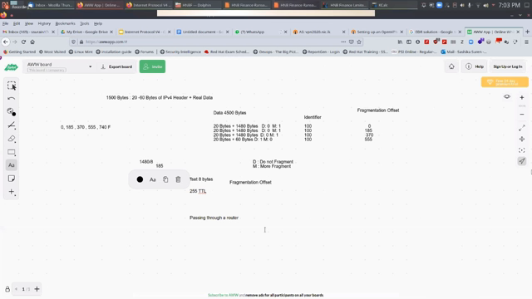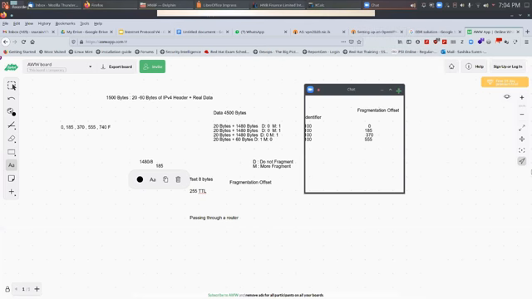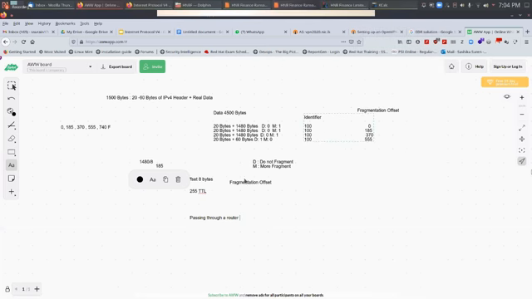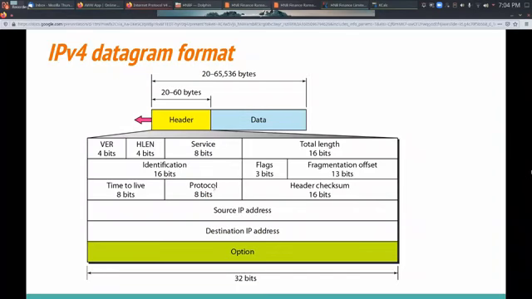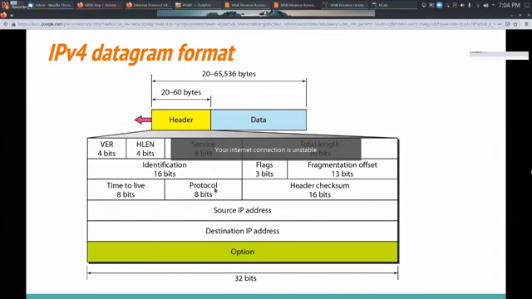If they pass through those two, they will deduct. Is it clear, guys? Okay, so that is called TTL.